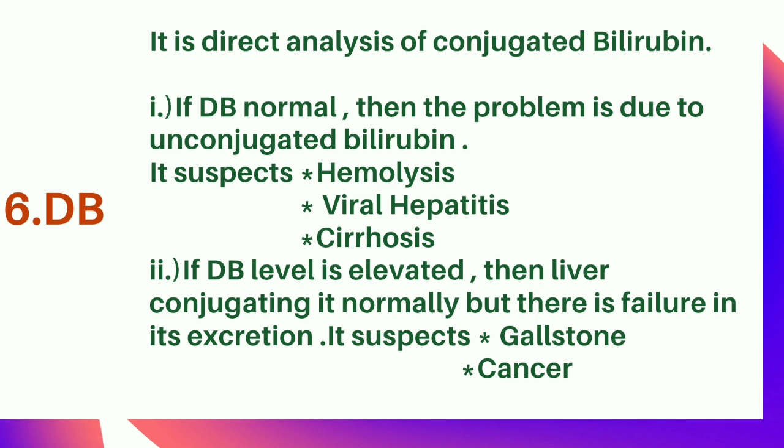And if the direct bilirubin level is elevated, then the liver is conjugating it normally, but there is failure in its excretion, then it suggests gallstone and cancer.